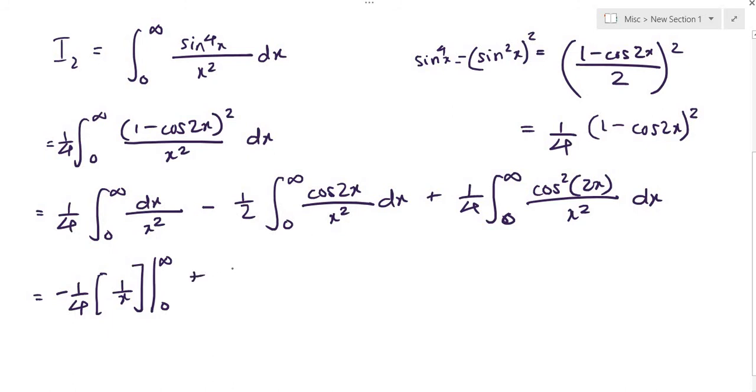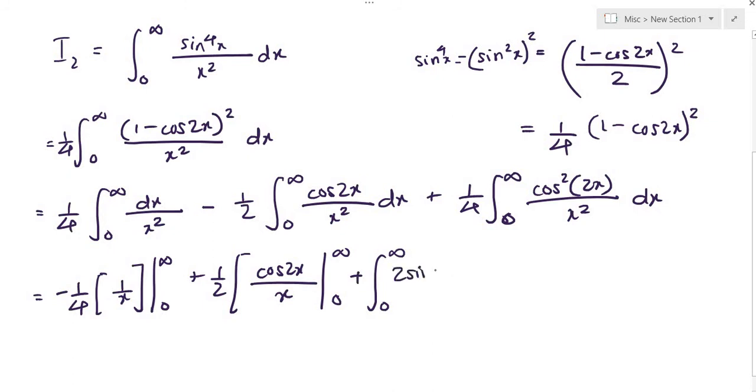So I'll have a positive half times cosine of 2x divided by x evaluated from 0 to infinity, minus the integral from 0 to infinity, and then the derivative of cosine of 2x is negative 2 times sine of 2x. So that negative and this negative will be a positive. 2 times sine of 2x divided by x dx.